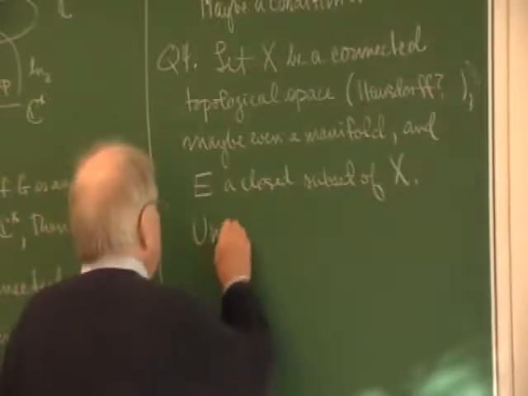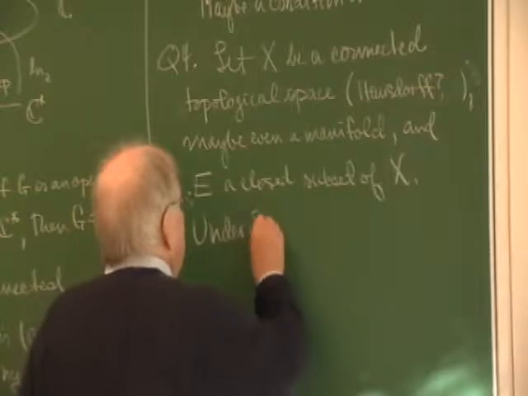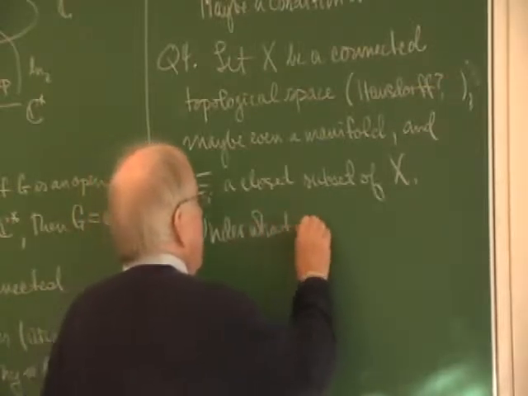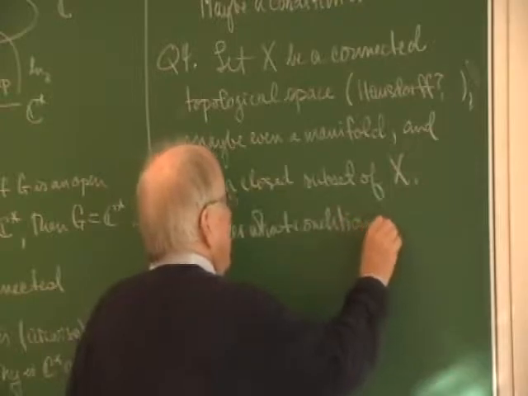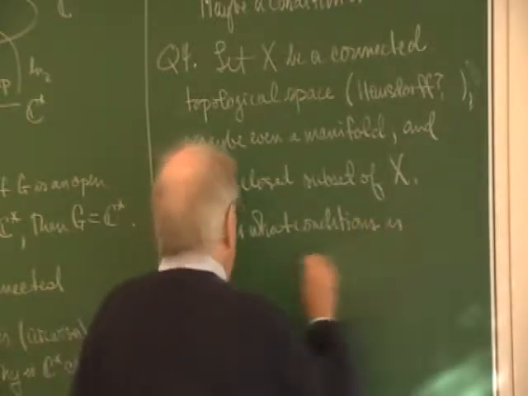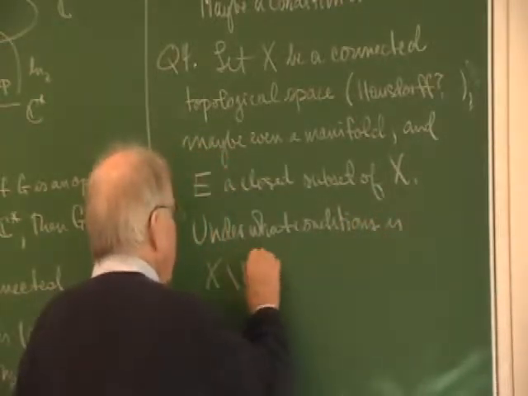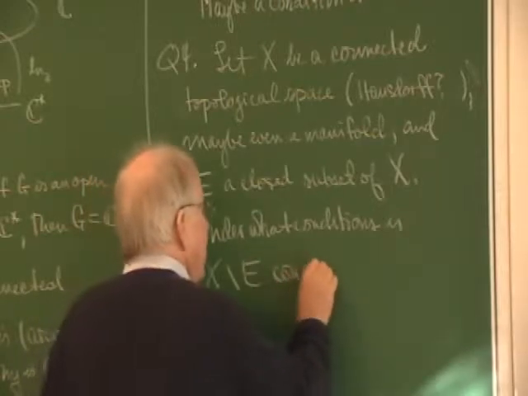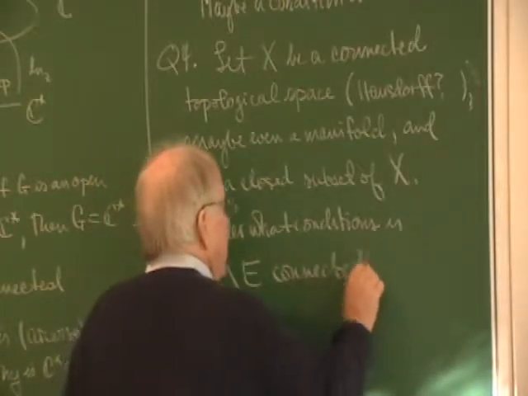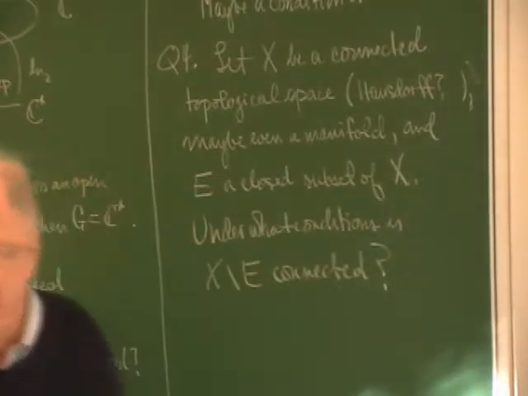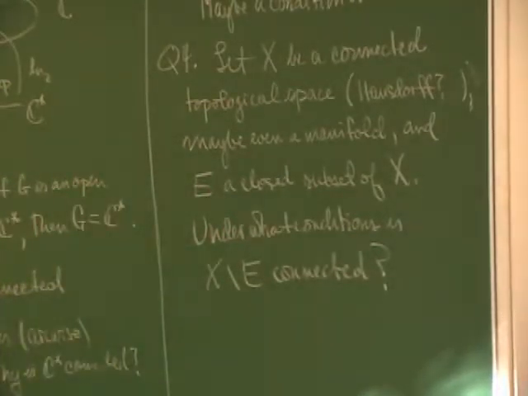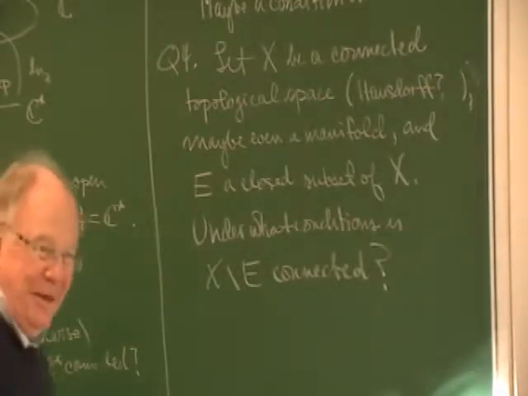Under what conditions is X minus E connected? Then you start thinking, how bad, in other words, how bad is a closed subset?